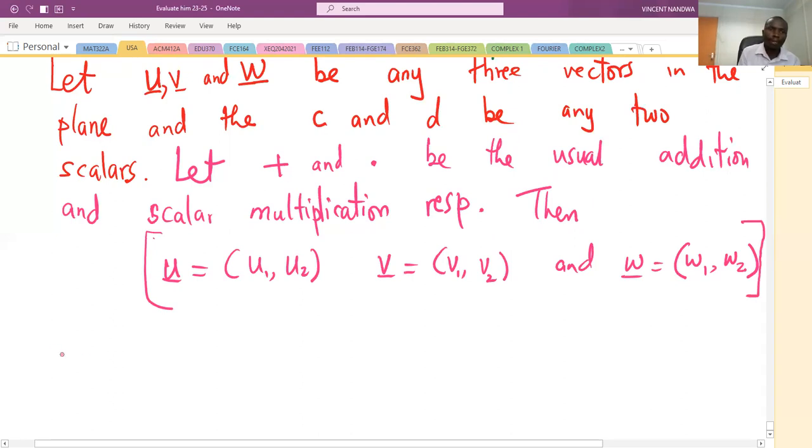So 1, if I pick U and then I add V, I find another vector. The sum of those two vectors will be another vector in the plane.